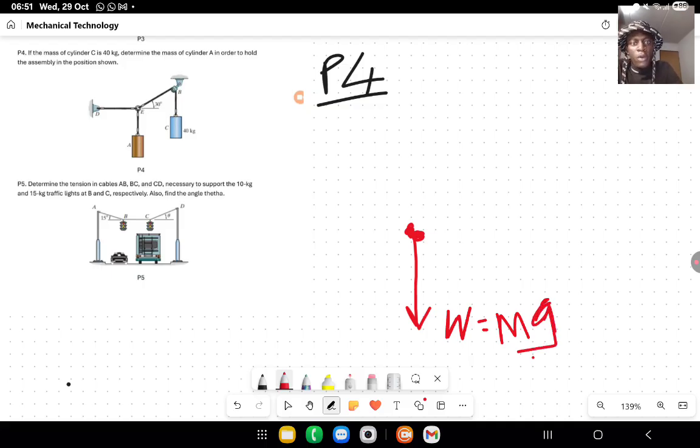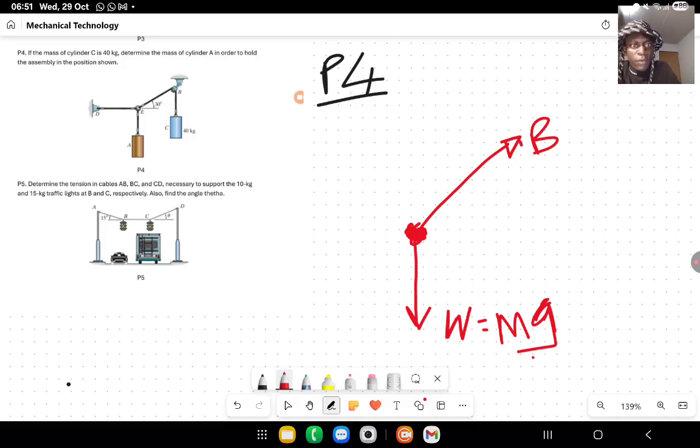Therefore, we have a force that is going like this, which we can call TB. Therefore, after this, I think this will make things simple.